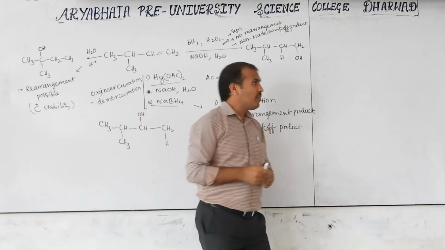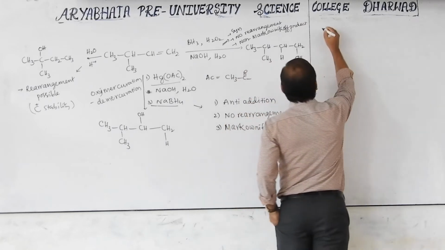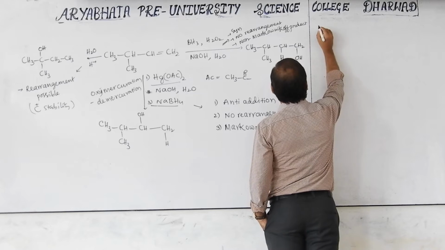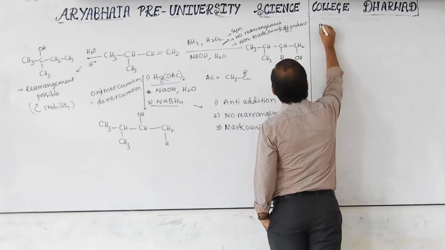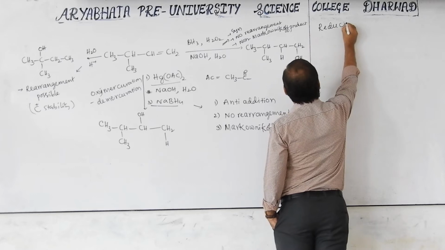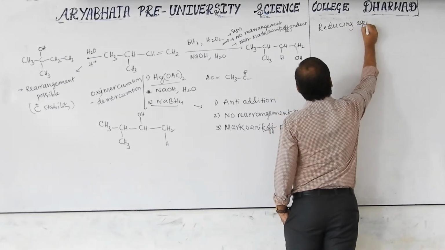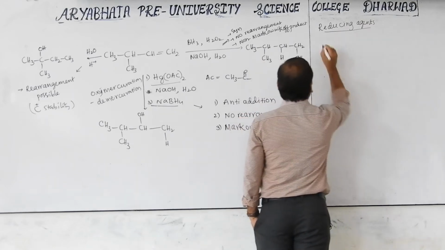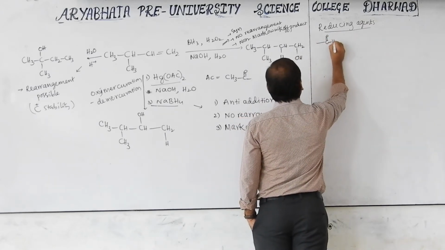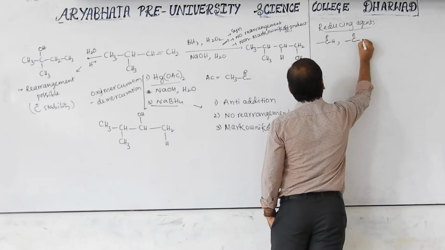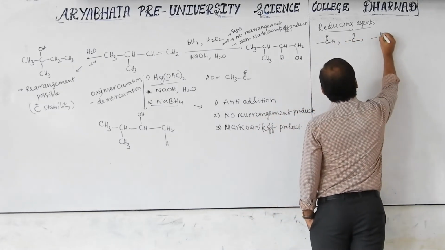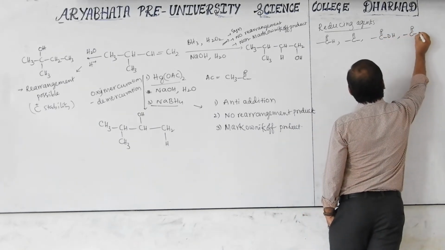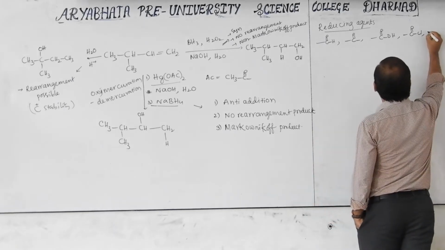Now one more preparation method, that is from aldehydes and ketones, which are called carbonyl compounds. Otherwise it is called using reducing agents. Generally these reducing agents reduce aldehyde, ketone, carboxylic acids, acid chloride, and esters.